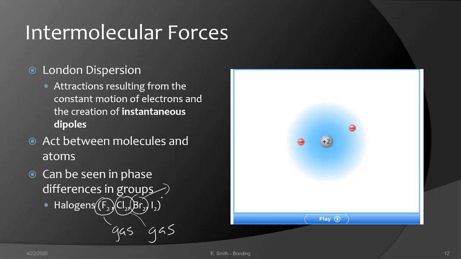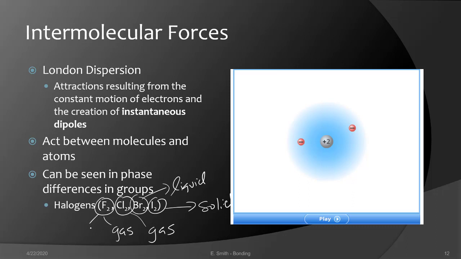However, bromine, on the other hand, is a liquid. And then iodine is found as a solid. And this is all because of the electrons. These substances have no dipole. Because of their number of electrons, that's what determines whether they're gases, liquids, or solids.